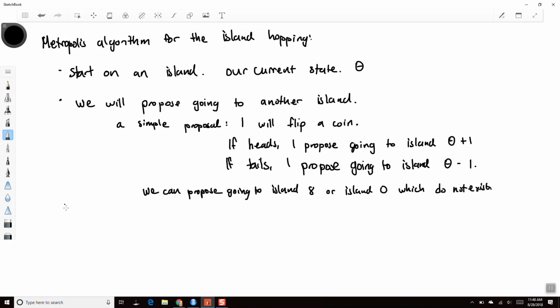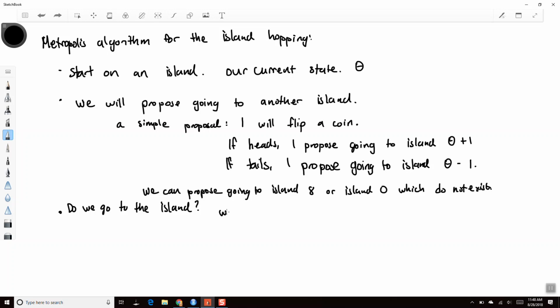Okay, so we've proposed going to an island. All right, then we have to decide, do I actually go to the island? All right, well, we have to figure out this transition probability, or maybe we'll call it the acceptance probability. I don't know. Do we go to the island?